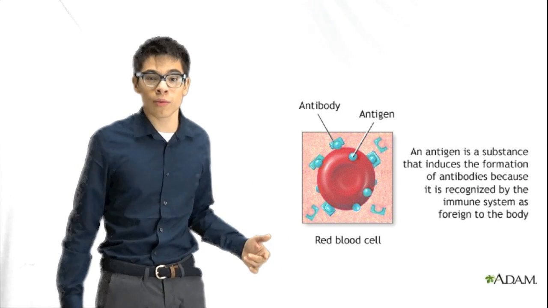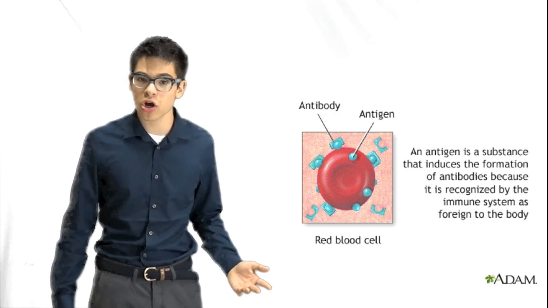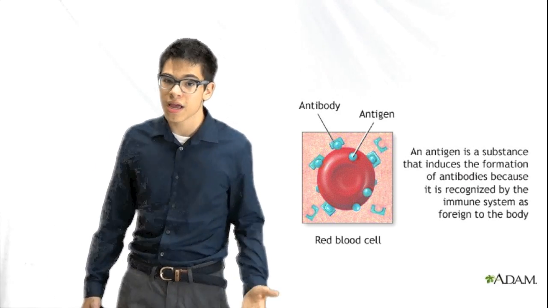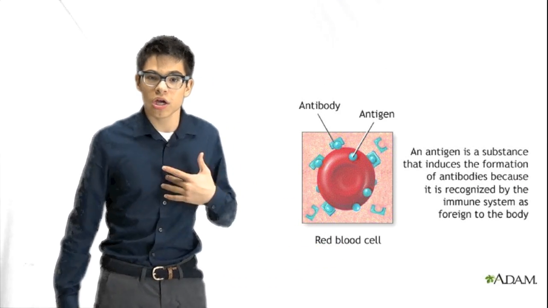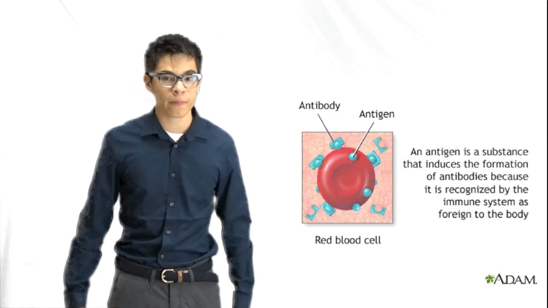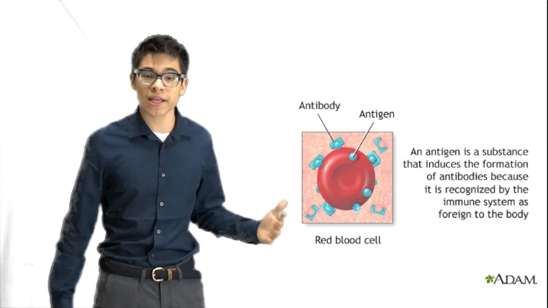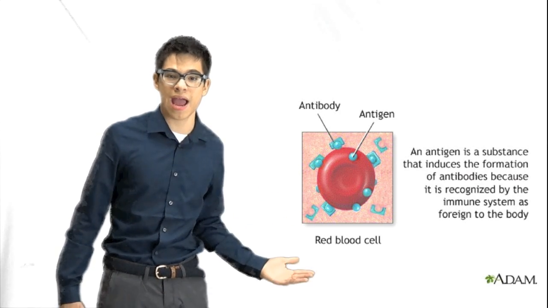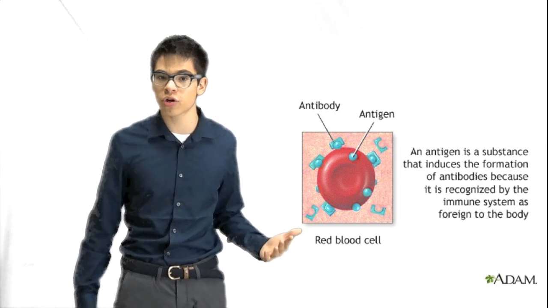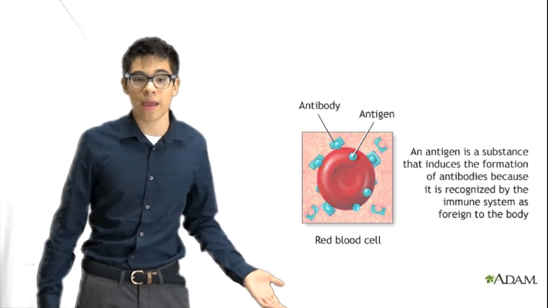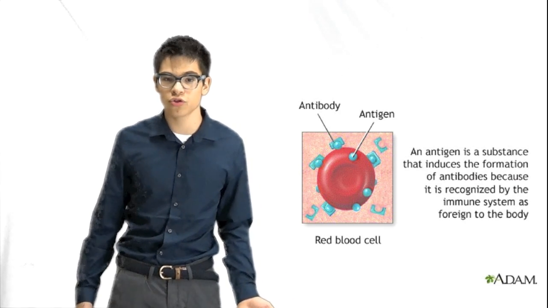So for those of you who don't know what antibodies are, they're basically just little Y-shaped structures that can attach onto cells, and they act as a beacon, signaling other immune cells like white blood cells or other macrophages to come and destroy the invader. So a person with type O blood who has no sprinkles produces antibodies against both A and B antigens. So if a person with type O blood receives a blood transfusion from a donor with type A, B, or AB blood, their body would reject the new blood cells and they would most likely die from that transfusion.